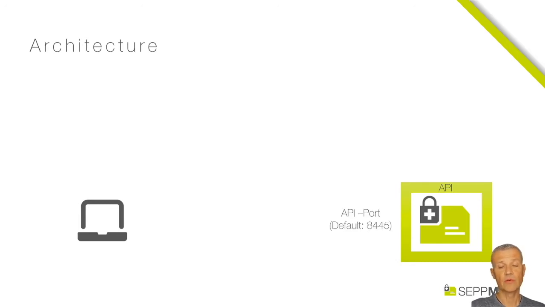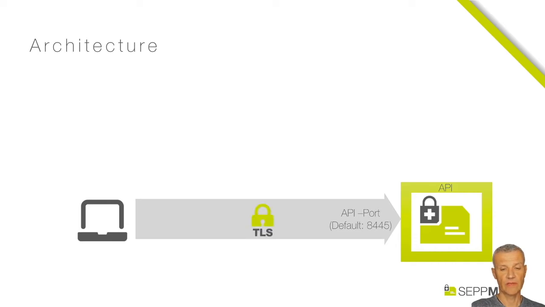The default port of the API is 8441, but you can change it to anything else you want. And we communicate with this port via an encrypted tunnel secured by a certificate. You can use the API with a self-signed certificate, but then you have to switch on the skip certificate check parameter, which I will show you in a minute.